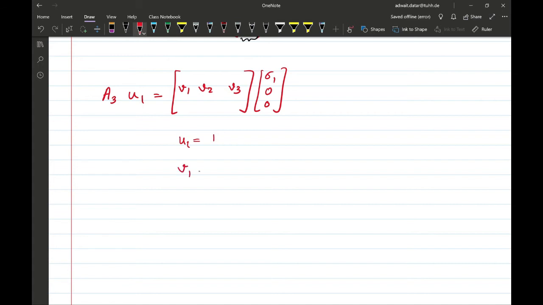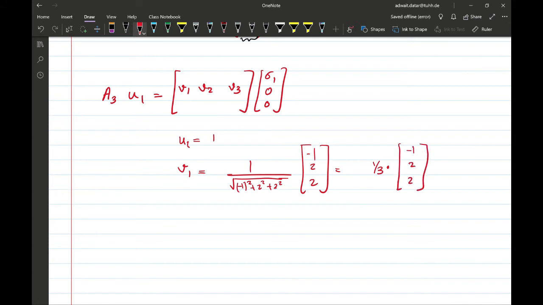We have to pick v1 along the output direction, but we need to normalize it. v2 and v3 are arbitrary vectors orthogonal to v1 and normalized.